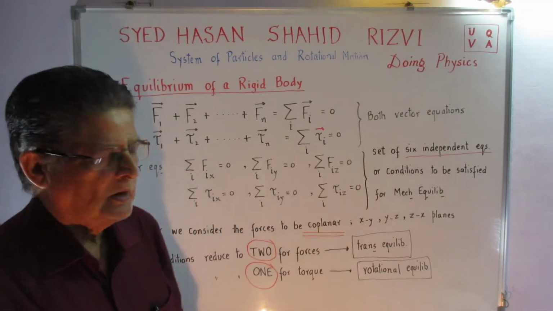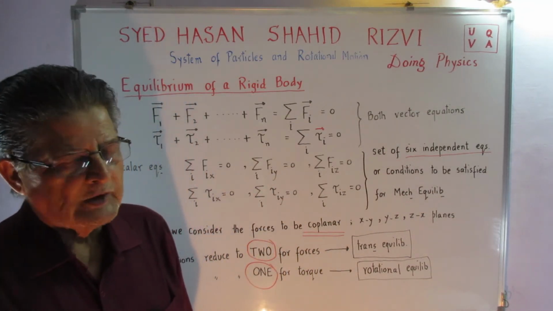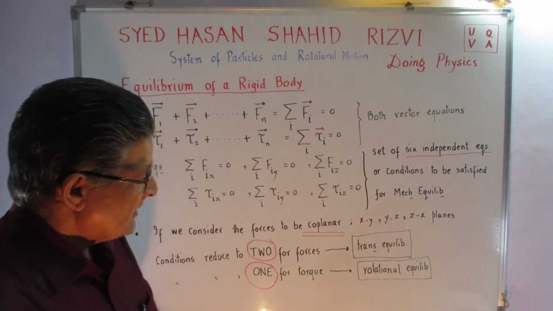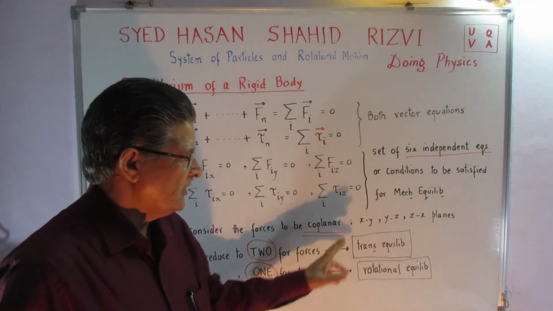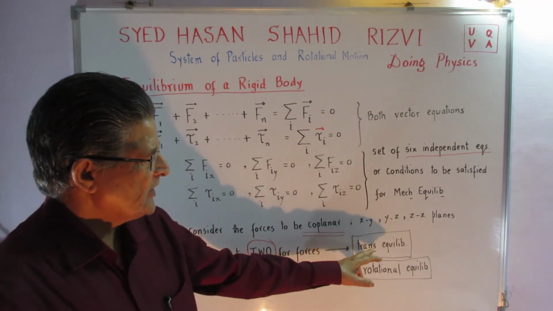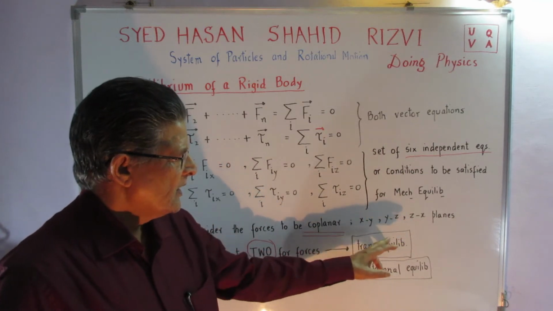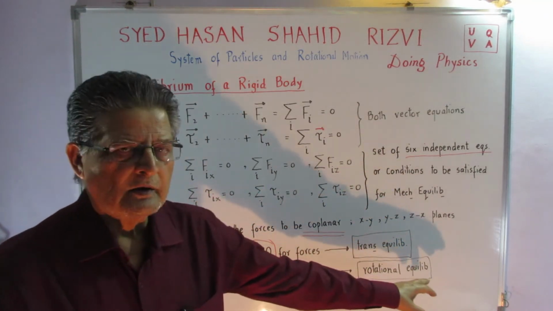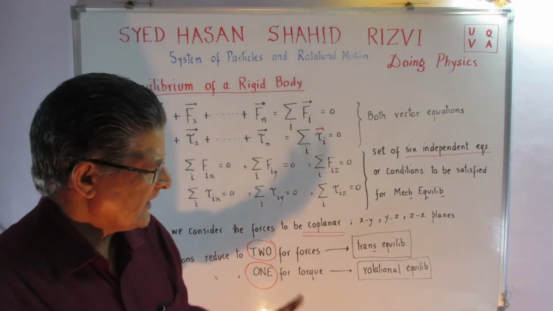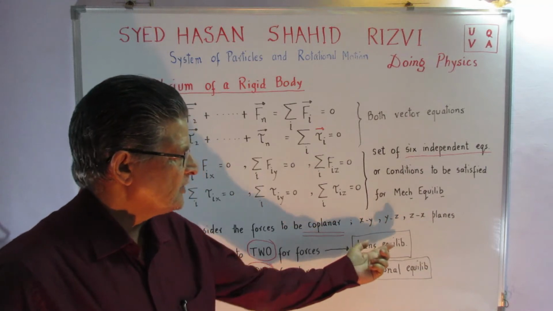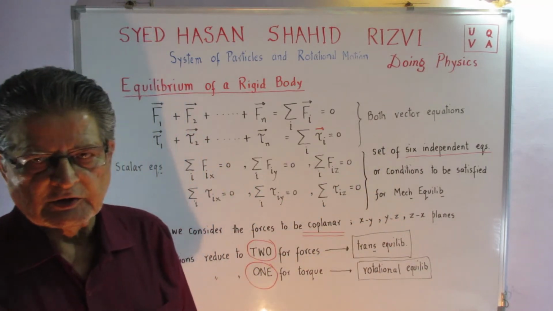But next I am going to address to you what is partial equilibrium. We will take two distinct cases. In one case the translational equilibrium exists but rotational does not exist. In the second case, the rotational equilibrium exists but the translational equilibrium does not exist.